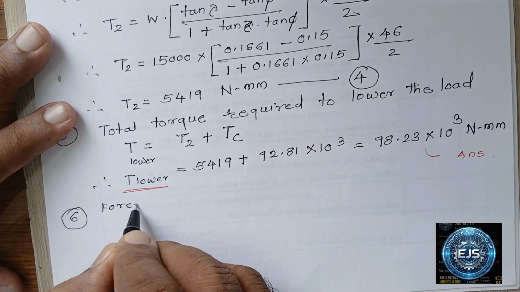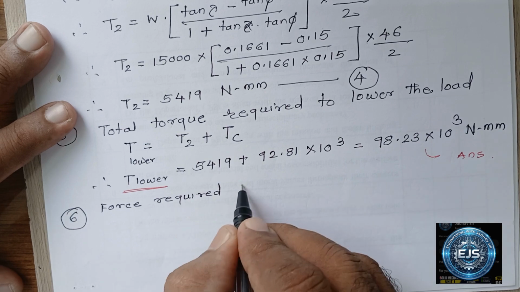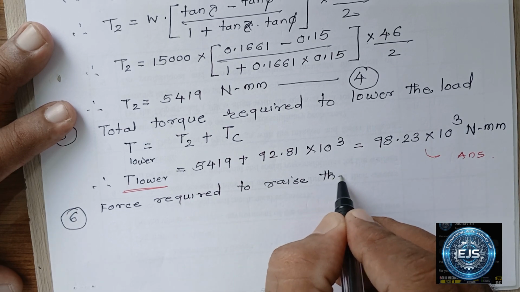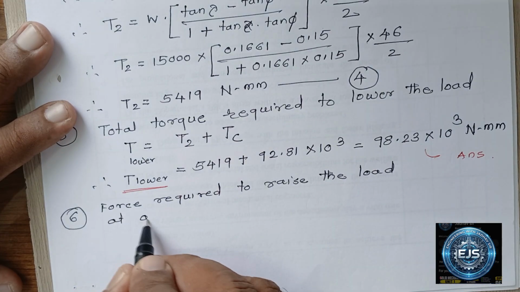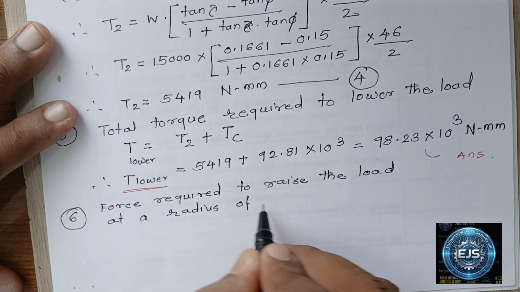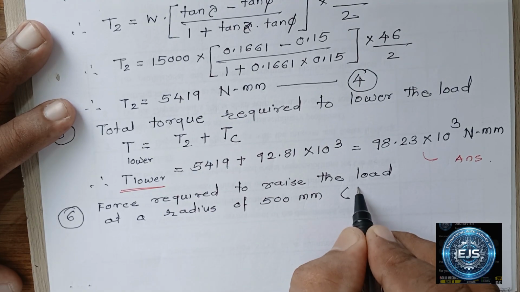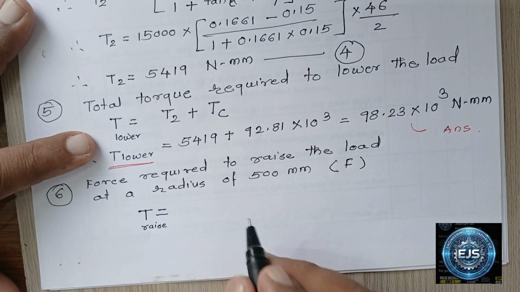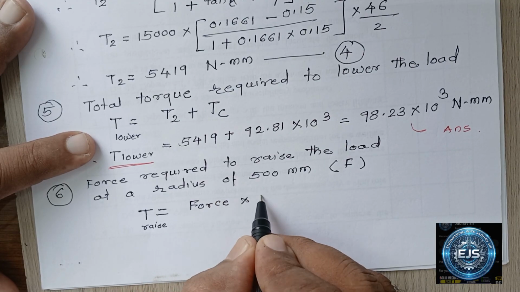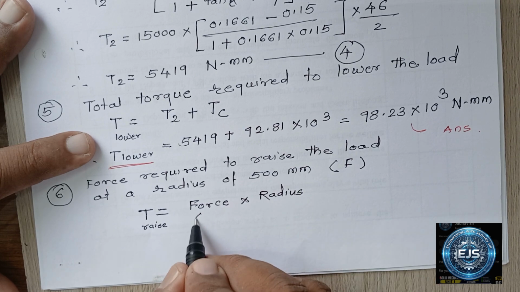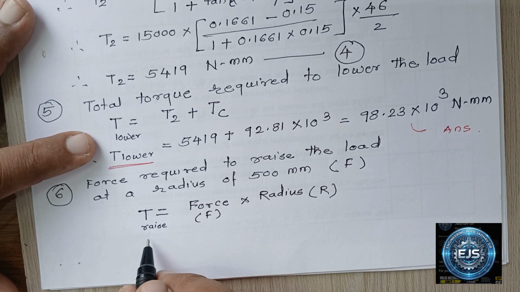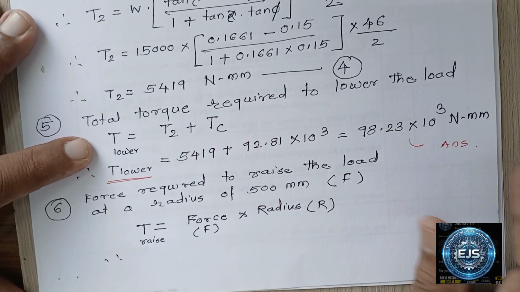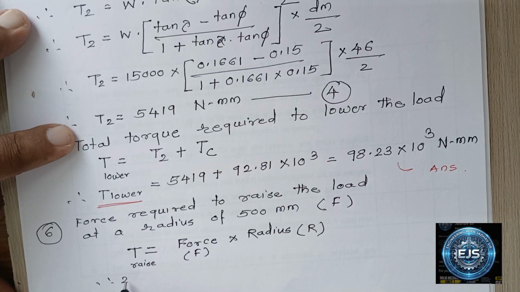So the last answer is the force required to raise the load at a radius of 500 mm, and that force is F. T raise is equal to force F into radius R. T raise came to 204.6365 into 10 to the power 3, equal to force F into radius 500.